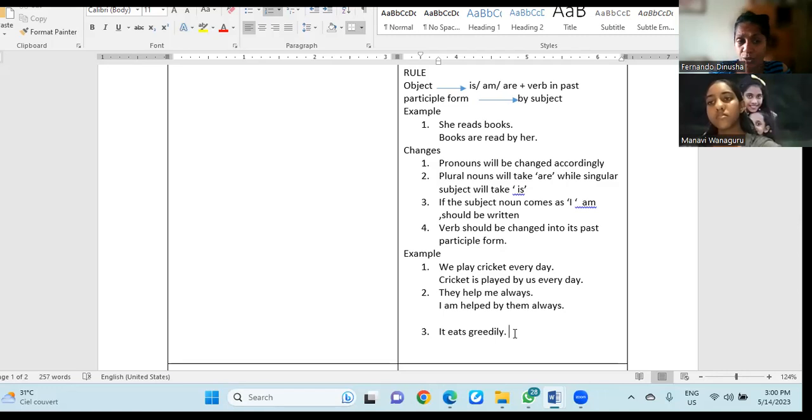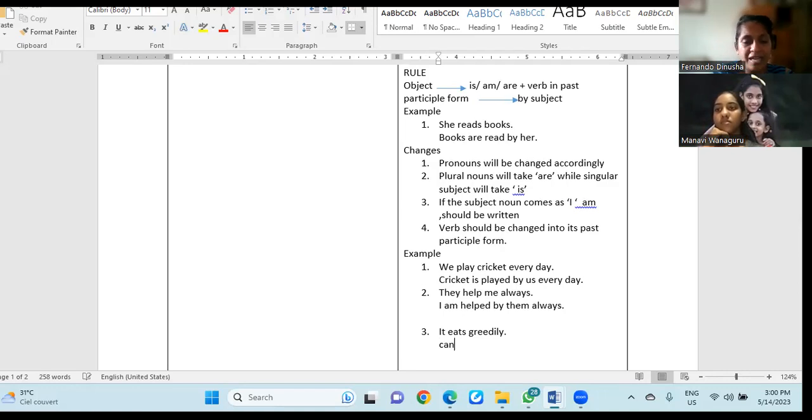Now, if there's no noun in a sentence, such kind of sentences you cannot convert into passive. Okay? Here, you cannot convert into passive. Reason why? What is the reason? Because there is no noun at the object.